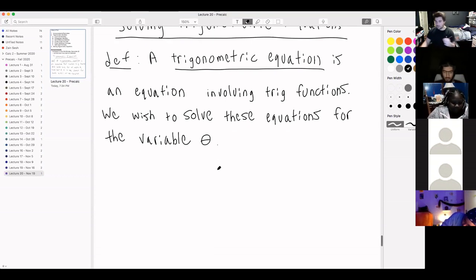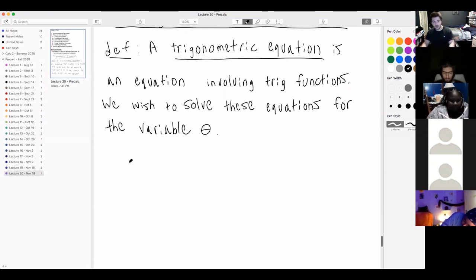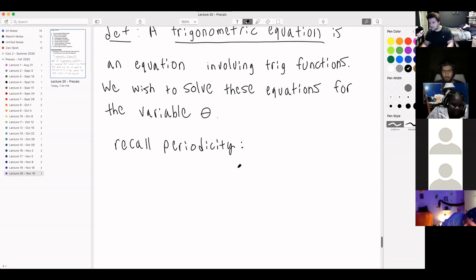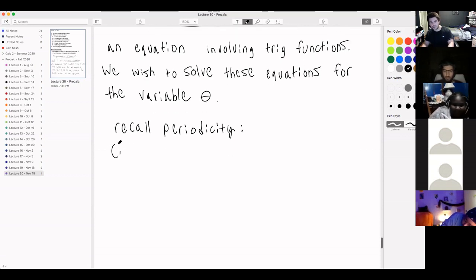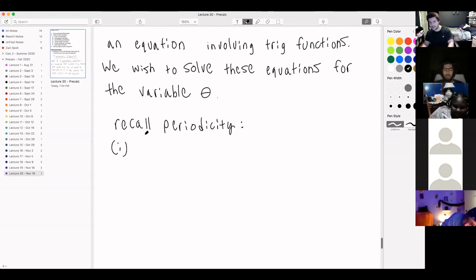Before we get into this, I need to recall periodicity. Remember, the sine and cosine functions are periodic.